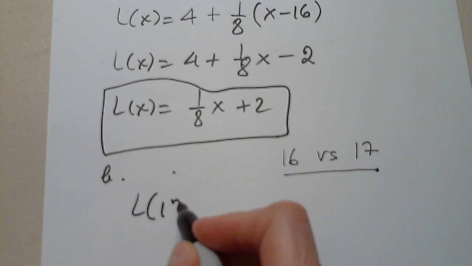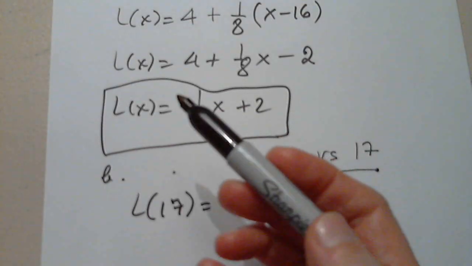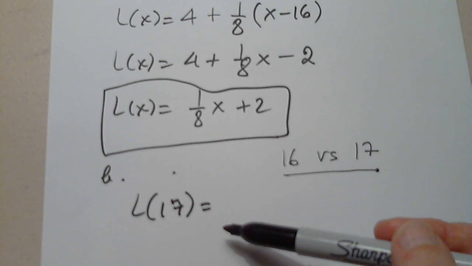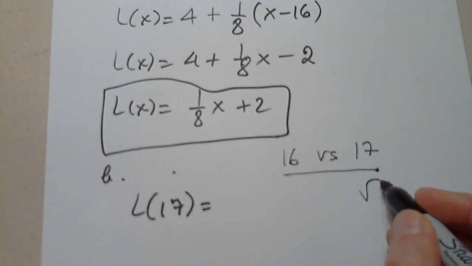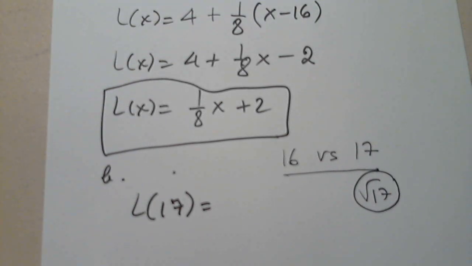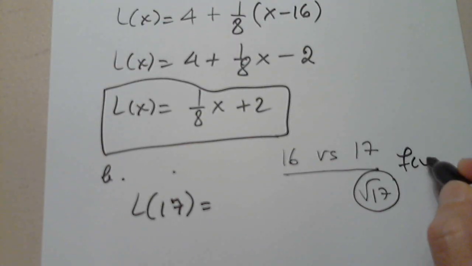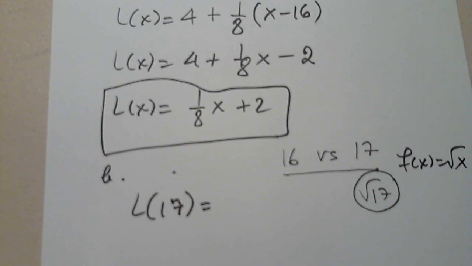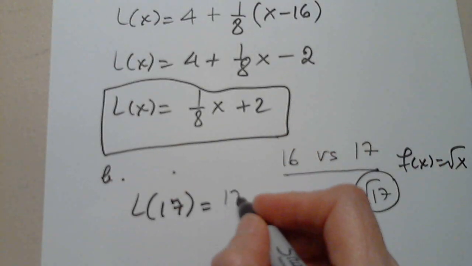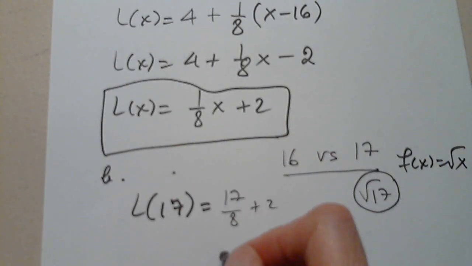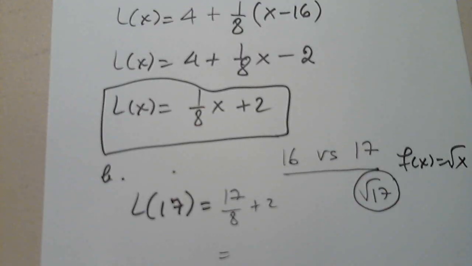So L of 17, they are asking us to use the linearization to approximate the square root of 17. But that is our function, f of x equals the square root of x. So I have 17 divided by 8 plus 2. Back to the graphing calculator.